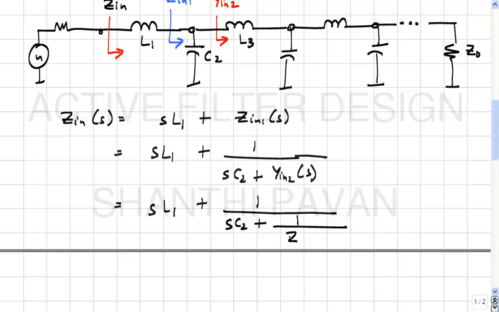So this is 1 by Zn2 of s, which is therefore given by SL3 plus 1 by blah blah blah.